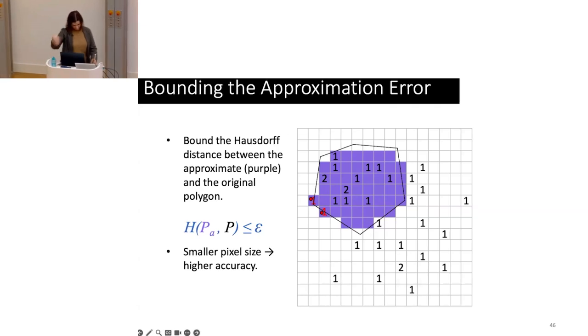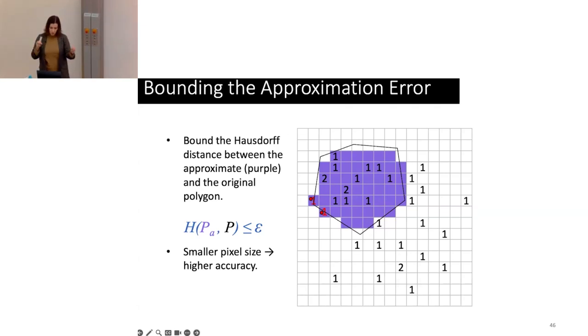For that, we can measure the distance between the two geometries, the purple approximate polygon and the original polygon, using the Hausdorff distance. And then what we want to achieve is to have a bound on that distance between the two polygons. We can either calculate this bound and return it to the user so that they know the accuracy, or even better, we could allow the user to control this bound and define how accurate the result should be.